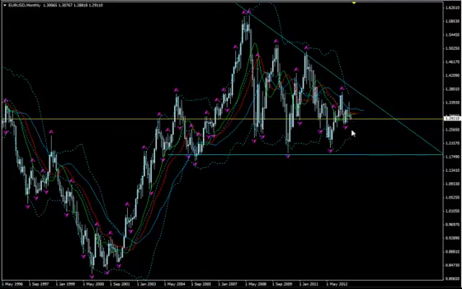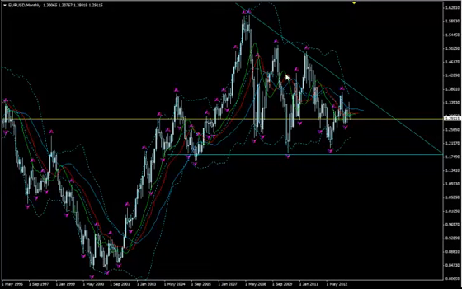But now we have this move and this move prevailing, and we should expect a very strong breakout at any moment. And judging from this triangle, odds are it will be rather bearish than bullish.